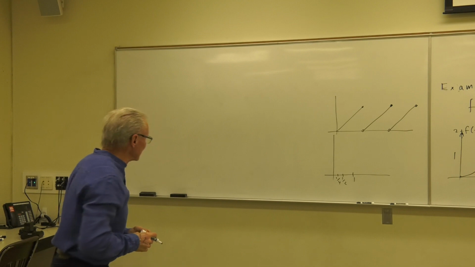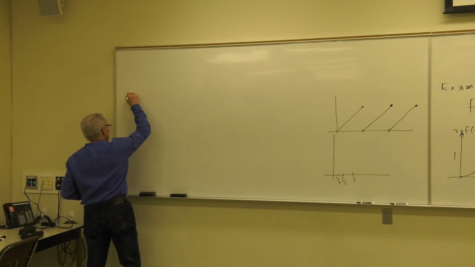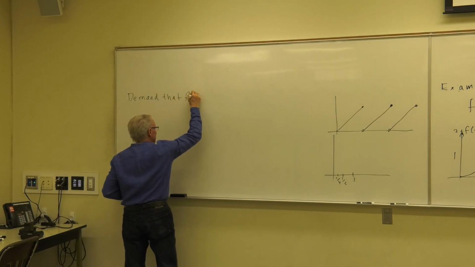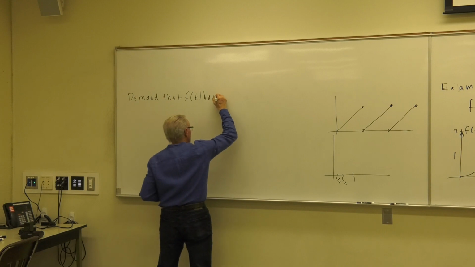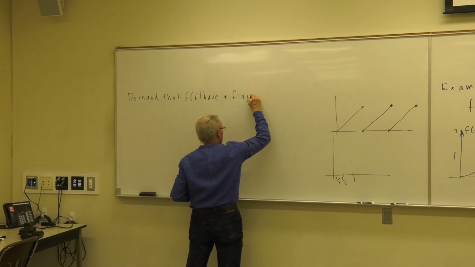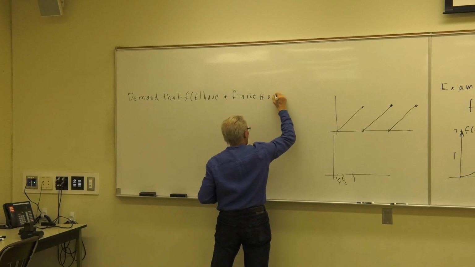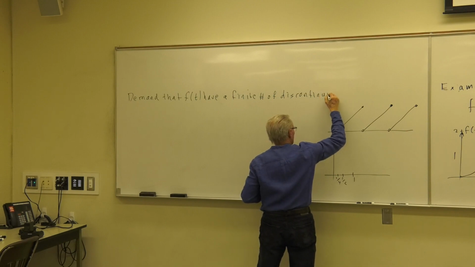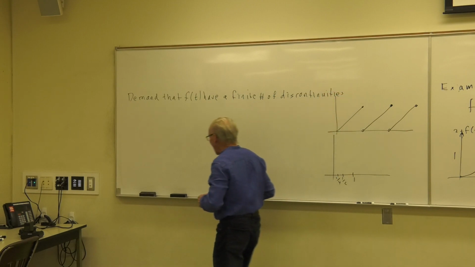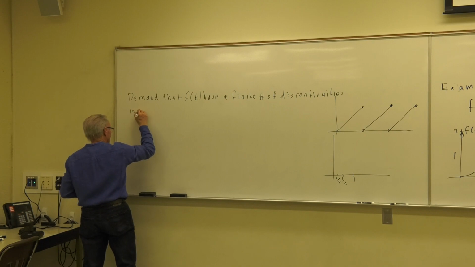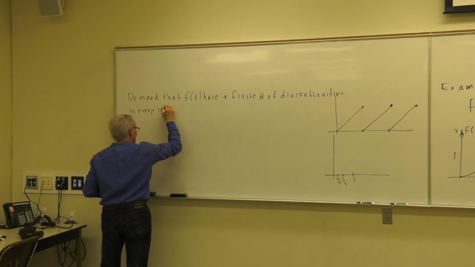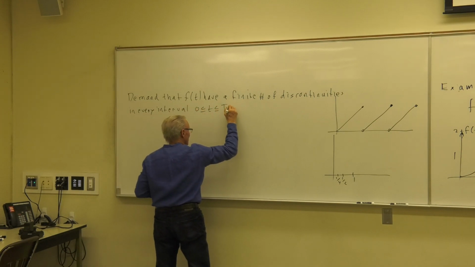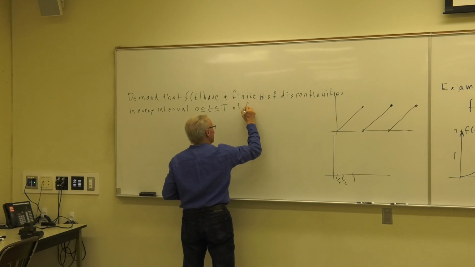So what I'm going to do is demand that f of t have a finite number of discontinuities in every interval 0 less than or equal to t less than or equal to T, of therefore finite length.